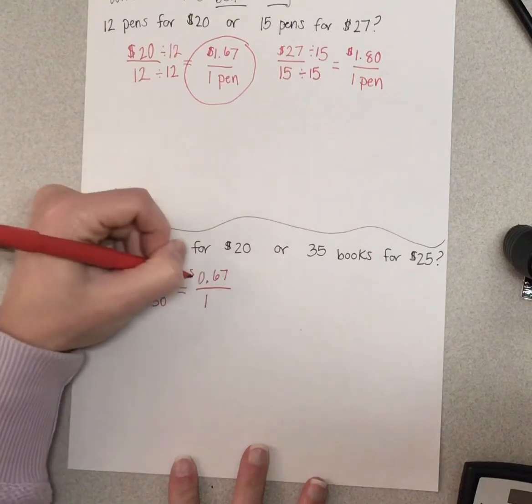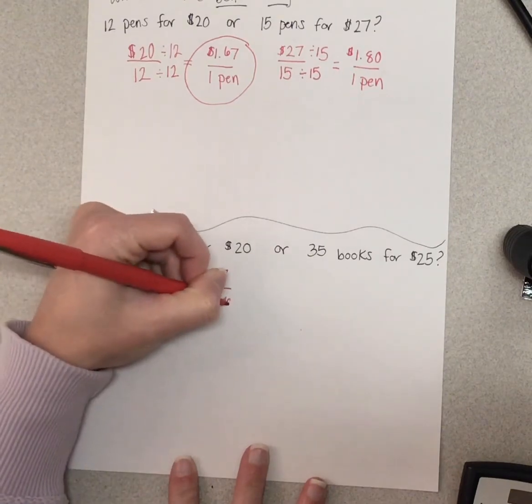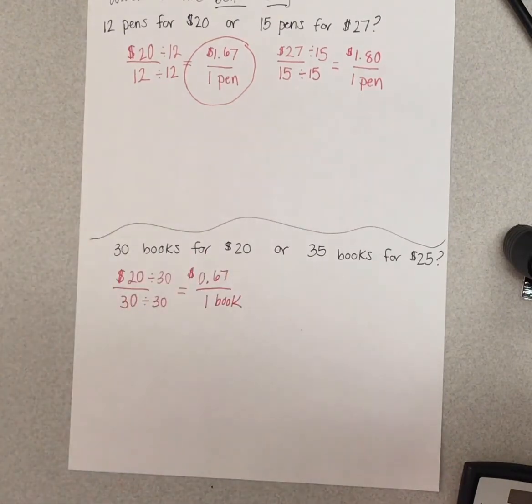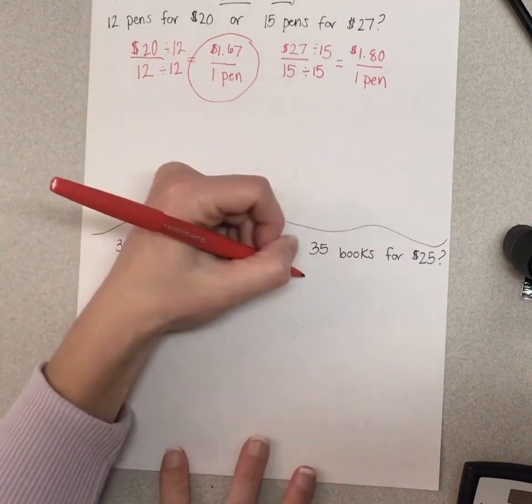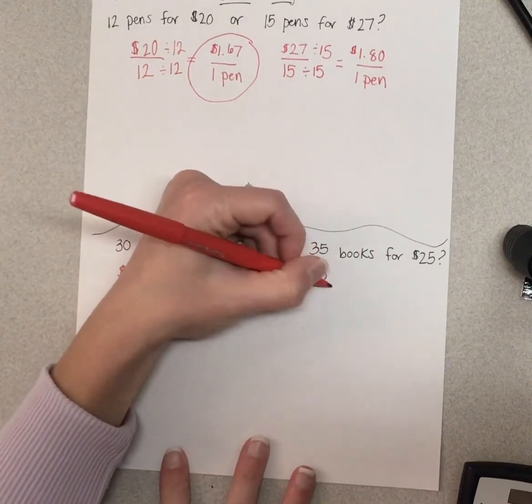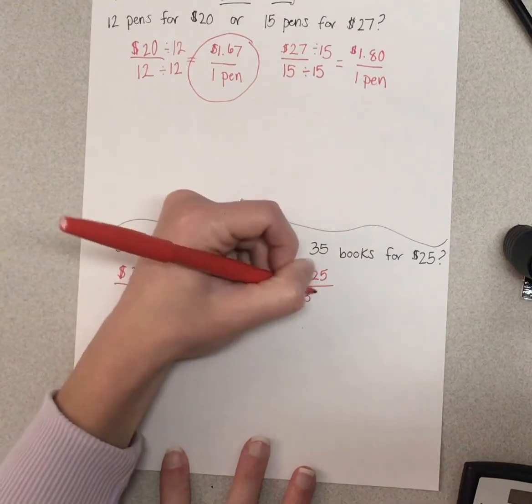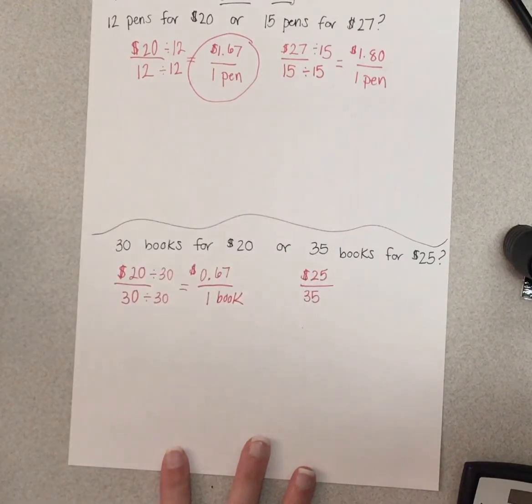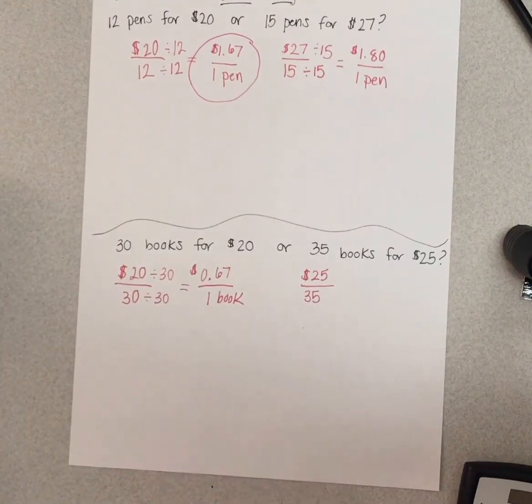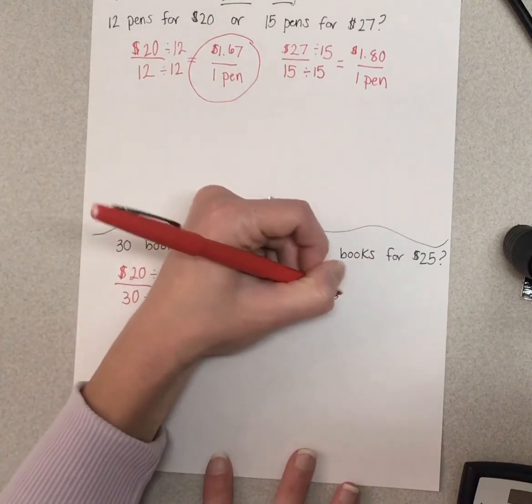Okay, let's go over and look at our second rate, which was 35 books for $25. So I had $25 for 35 books. In order to figure out what 1 book would cost, I need to divide by 35.